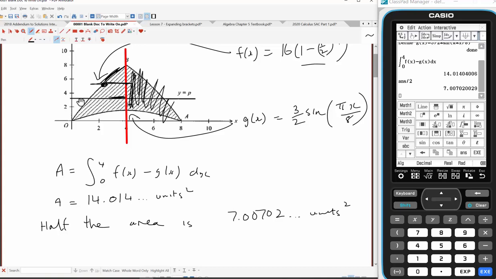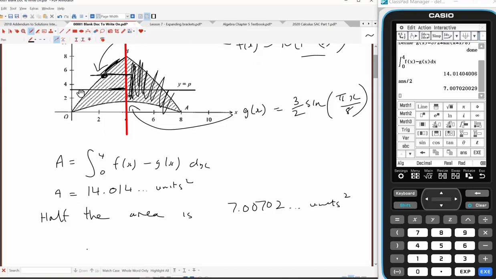Okay, so let's just see if we can handle this. So I want the area to be 7.00702 ... equals. Now I'm going to integrate between 4 and a value over here.